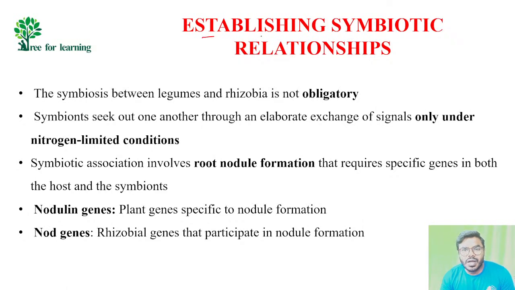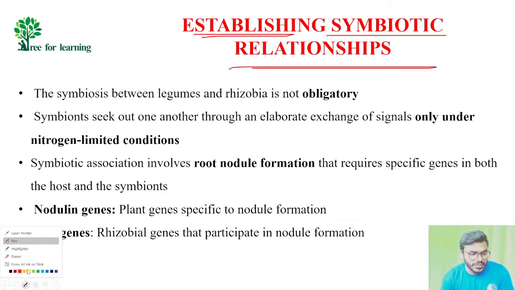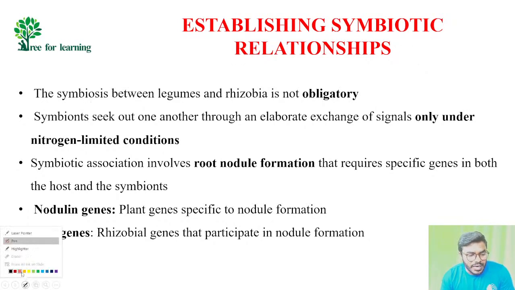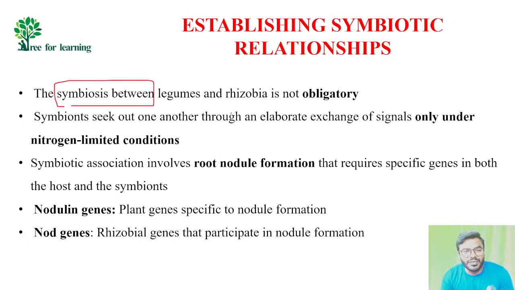So, establishing symbiotic relationships. Understand, friends, what is symbiosis? We all know that it is where both organisms are mutually benefited. Now, in a given 4-marker question, one of the statements they asked once. What is the statement that they asked? The symbiotic relationship between the legumes and rhizobia is always obligatory.